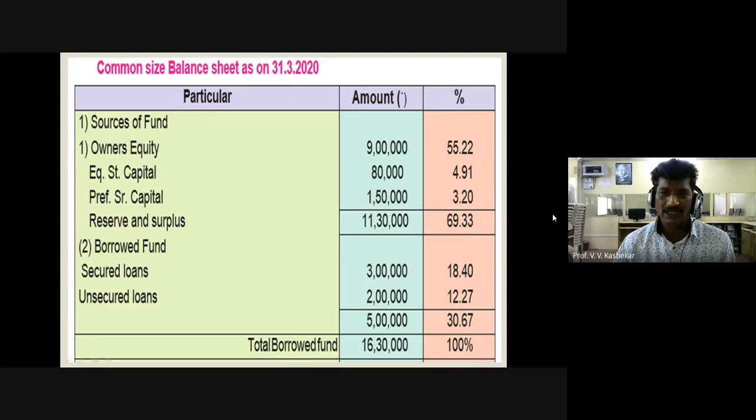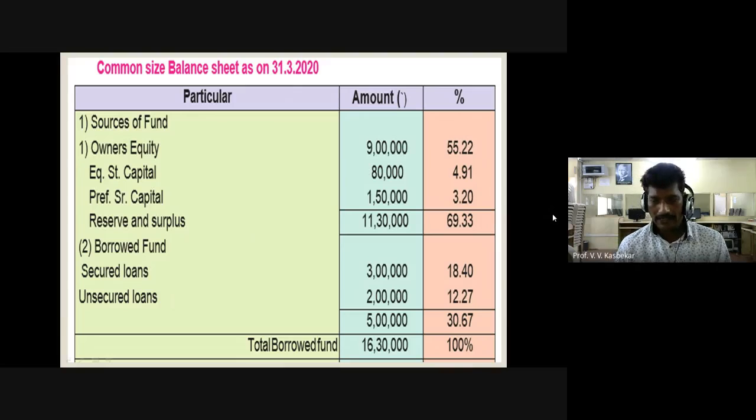Okay, that means 3 lakh divided by 16 lakh 30,000 into 100, it is 18.40%. Okay, and same case with unsecured loans, it is 12.27%, and total of borrowed fund is rupees 5 lakhs, and percentage is 30.67%.